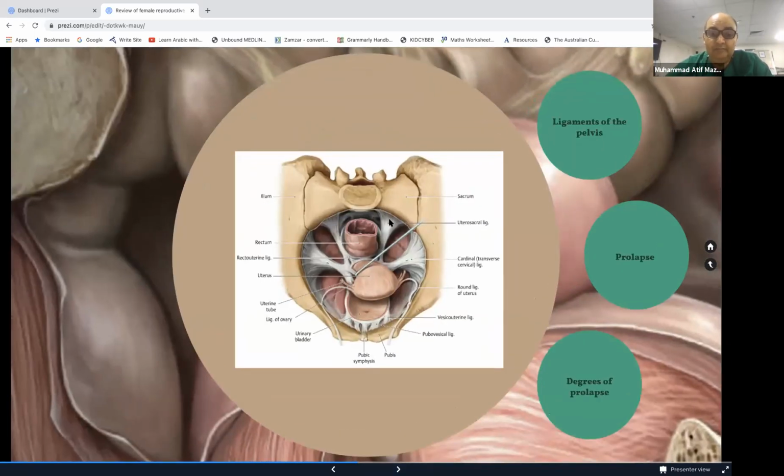Looking from the top, you can see these whitish fibrous structures which are primarily providing support, keeping these organs in their positions. If these supports become weak or damaged, we can have certain problems, and this is labeled prolapse.